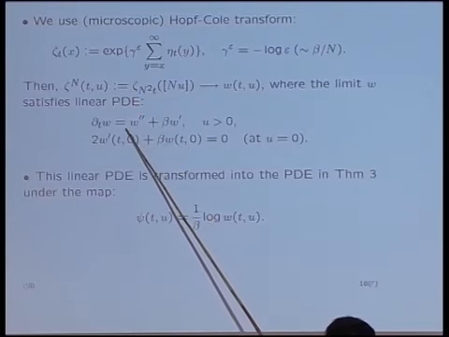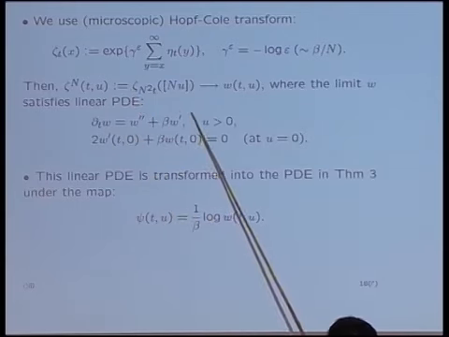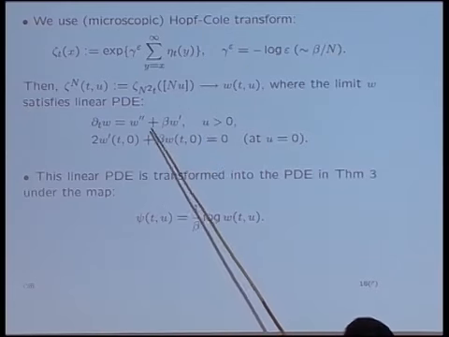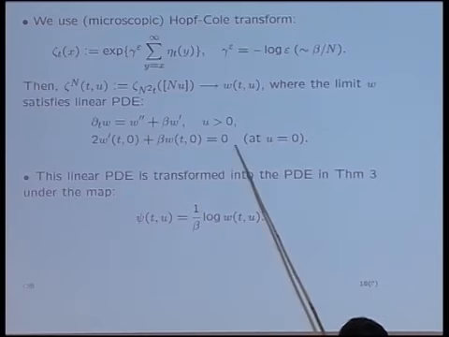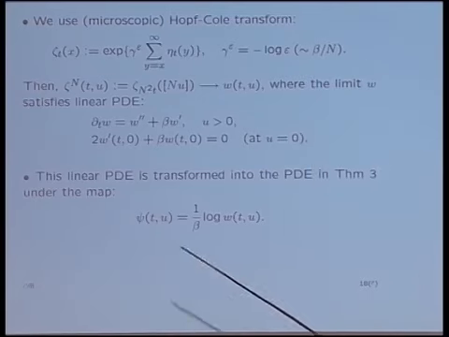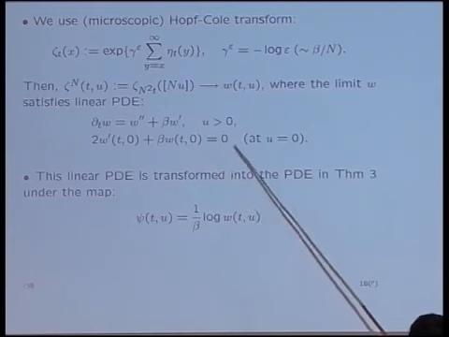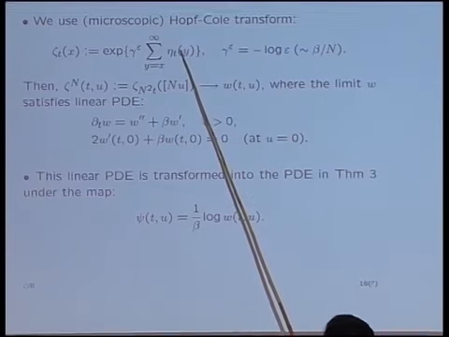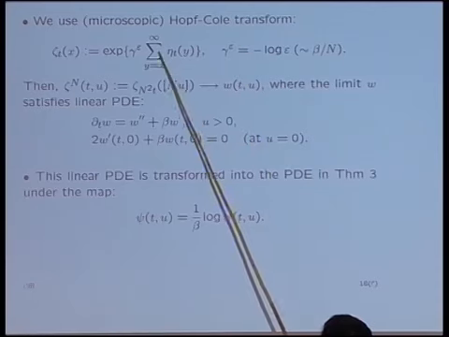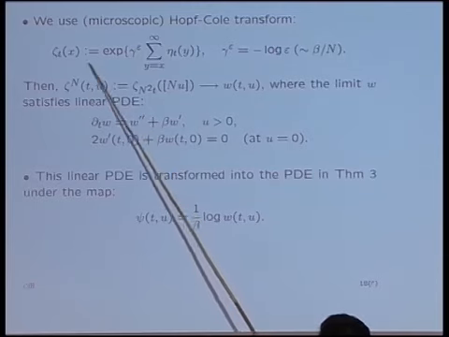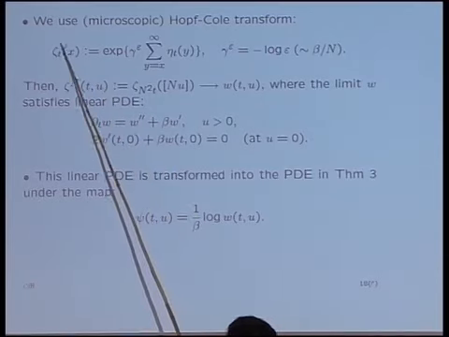Then he proved this, but Gärtner's case is on the whole line. But in our case, we have to worry about what the boundary condition is for this model. That is the only thing we have to worry about. So anyway, the idea is that we introduce the Hopf-Cole transformation at the microscopic level, and then prove the hydrodynamic limit for the transformed processes.